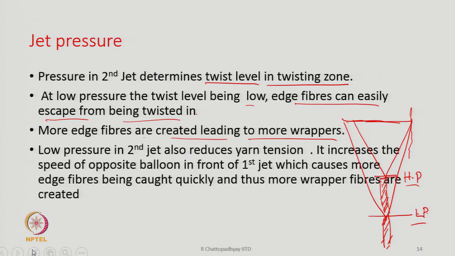Low pressure in second jet reduces yarn tension. It increases the speed of the opposite balloon in front of the first jet, which causes more edge fibers.